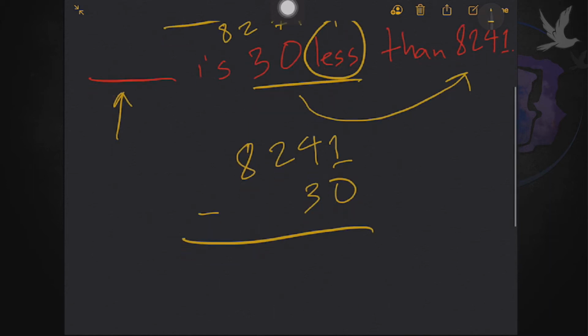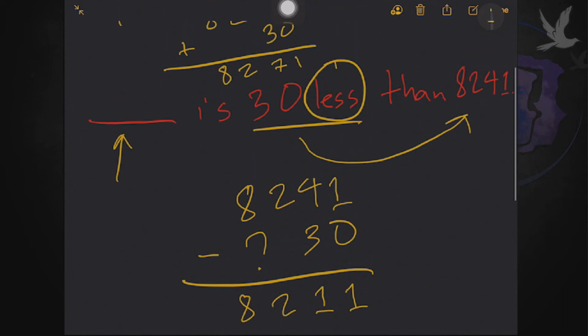Okay, all you have to do is just to follow the process. 1 minus 0 will give you 1. 4 minus 3, or 4 take away 3, will give you 1. Bring down 2 and bring down 8 since there's no number here. So, bring down na lang diretso. Okay, so our answer here for our second blank is 8,211. Okay, we can now say that 8,211 is 30 less than 8,241.